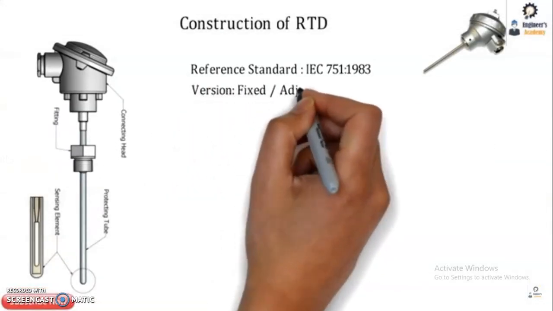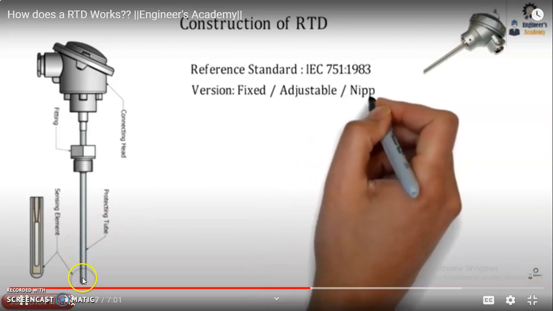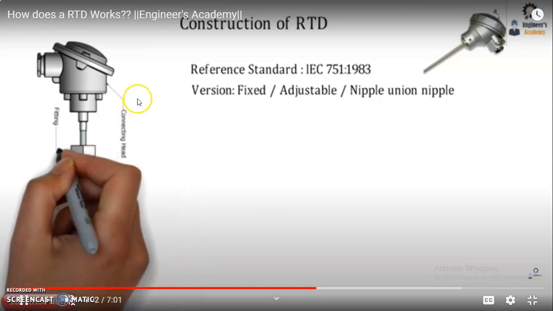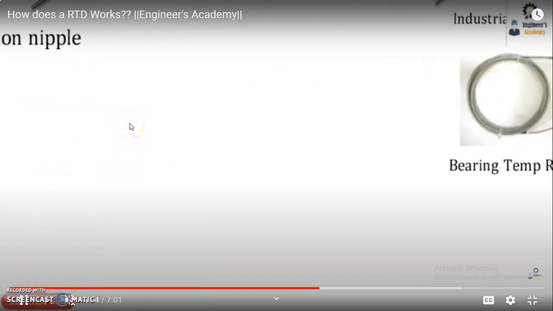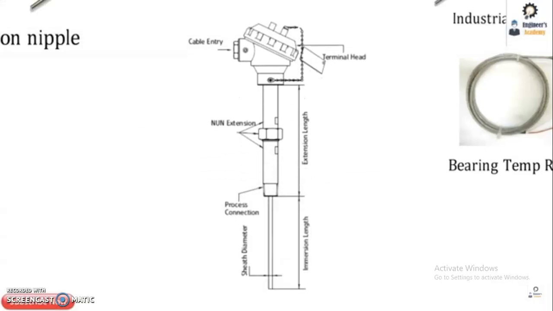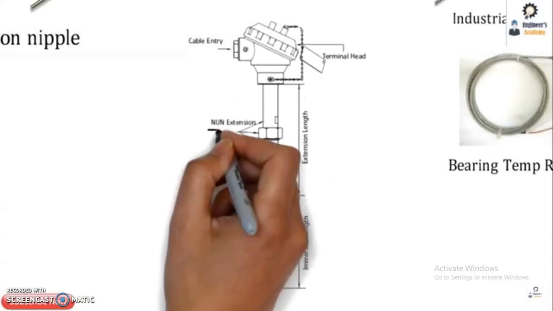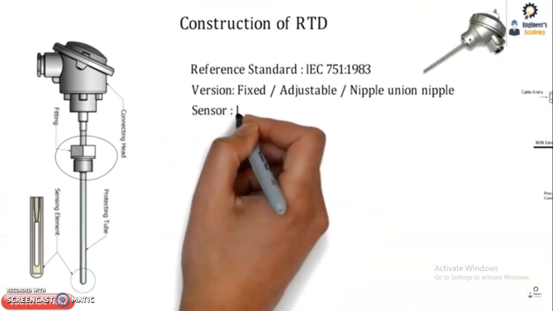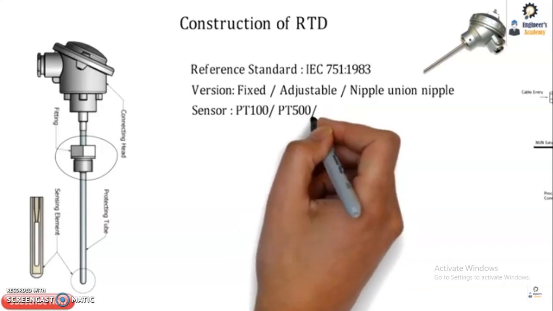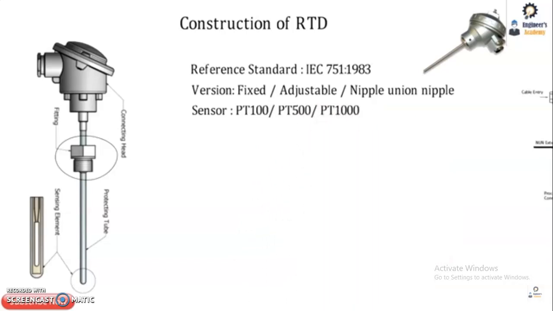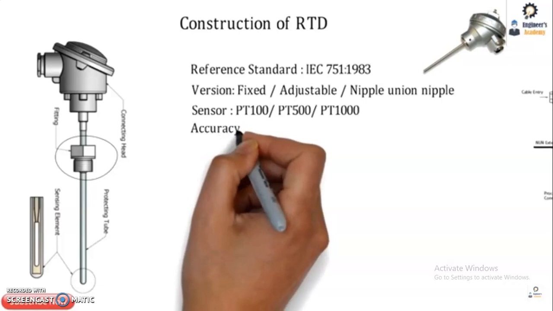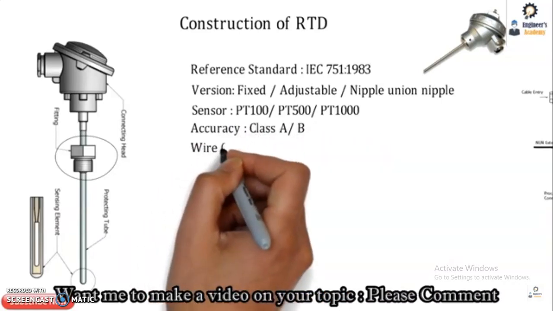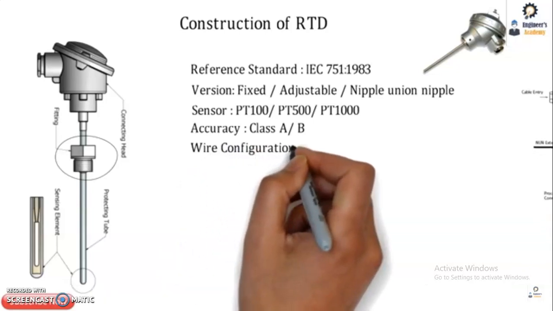Here you can see there is a sensing element. This is the tip point, this is the tube, and you have a fitting, and here you have a connecting thread and connecting head. So this is how your RTD looks, and inside the RTD this is the construction. The reference standard is IEC 751. As I told you already, PT 100, PT 500, PT 1000: 100, 500, 1000 are the values of resistance.